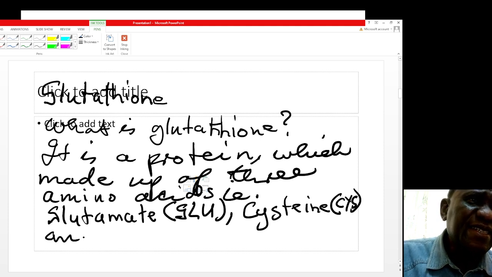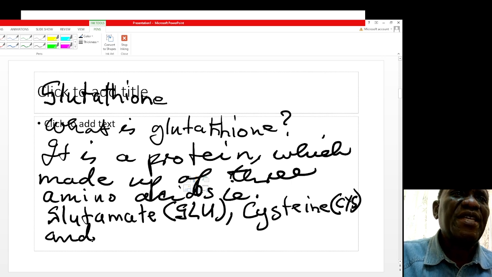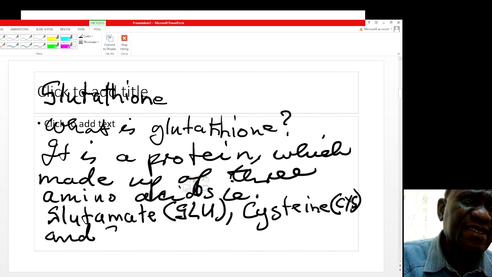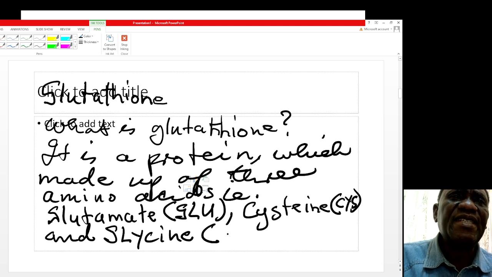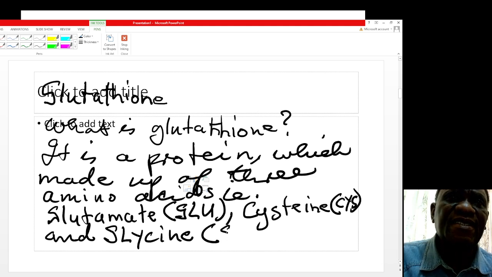And finally, we have glycine, which we can represent like GLY.